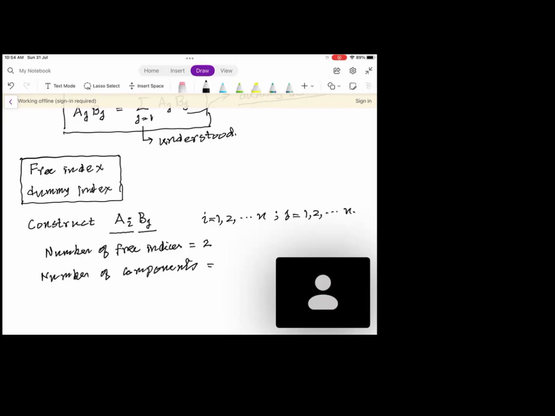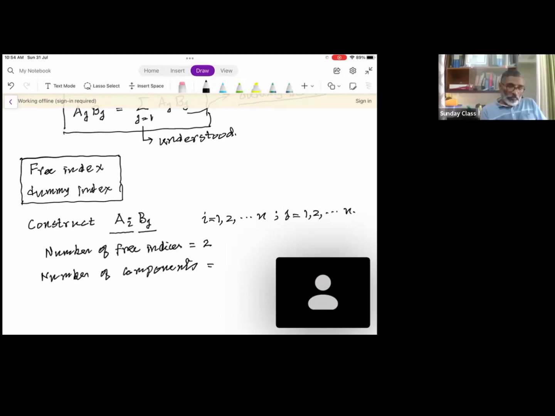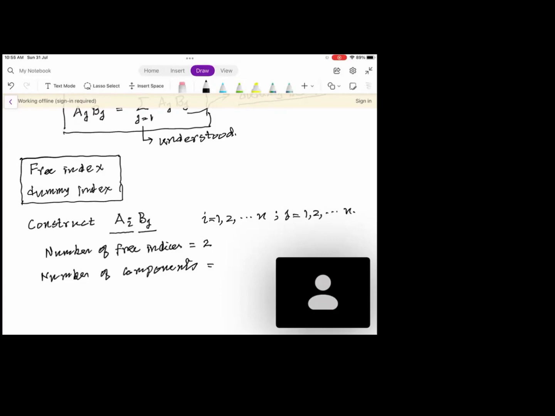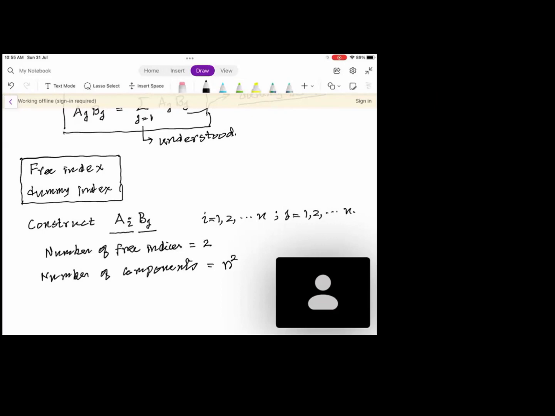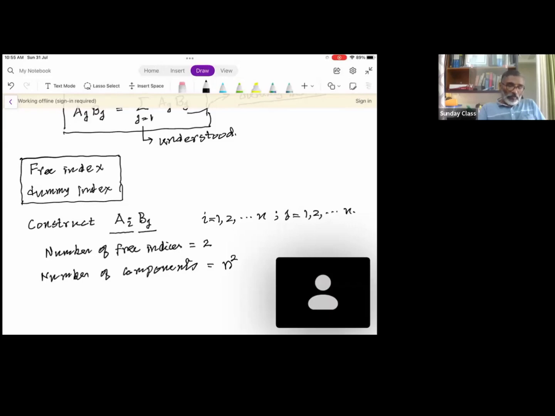Not N, because i can go from 1 to N, and j also can go from 1 to N. Is it 2N or N squared? It should be N squared, right? Yes, N squared. So if it is a 3-dimensional space, you will have 9 components.